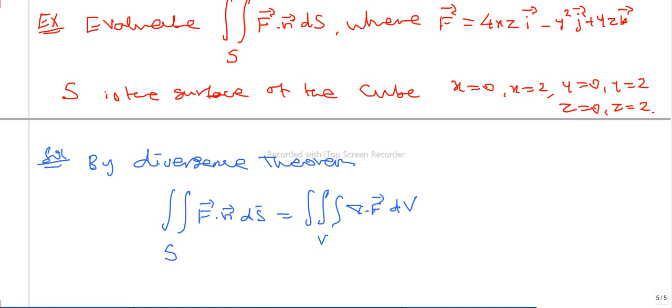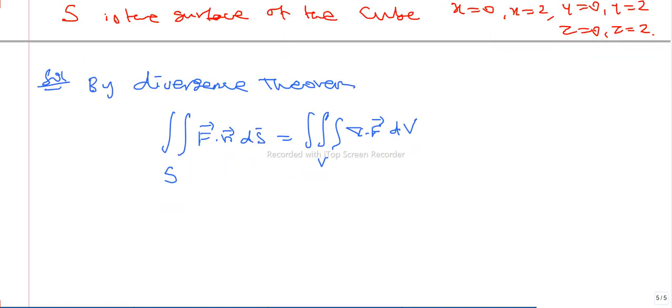So this is the Gauss divergence theorem. Now here V is the volume inside this surface. Now x varies from 0 to 2, y is also from 0 to 2, z also varies from 0 to 2. What is del dot F?